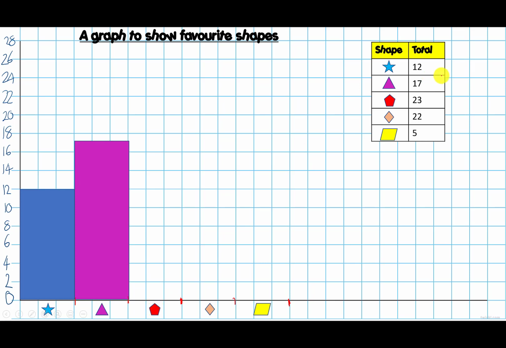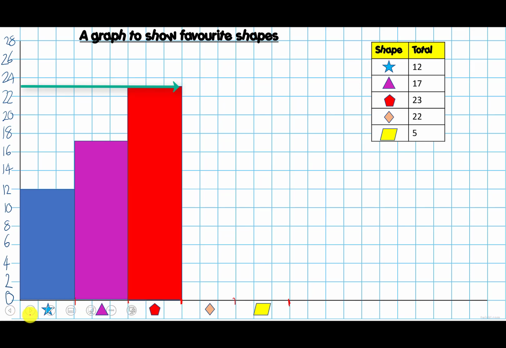Looking at my pentagon next, I have 23. Again, it's an odd number. I'm going to go up my y-axis this time. There's 22, there's 24. So 23 is going to be in the middle. And I'm going to draw along this time. So I know the top of my bar is going to be here. And my diamond has 22.